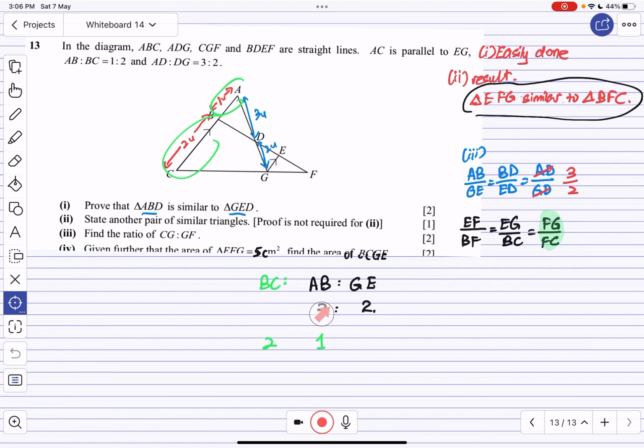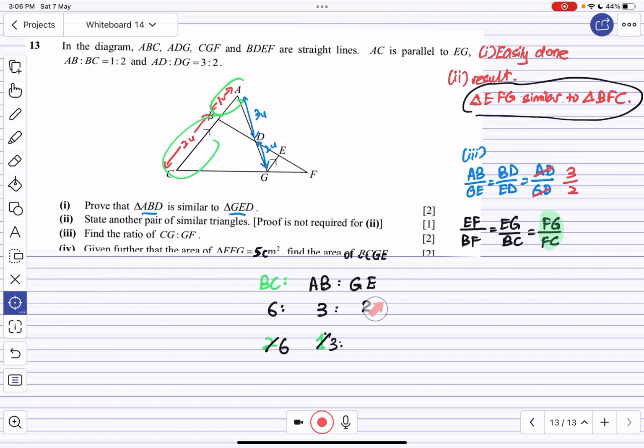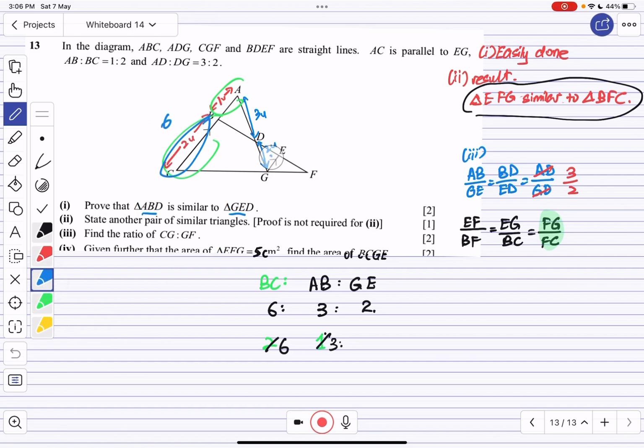Right? So because I want these two to be the same so that I can get a good comparison between BC and GE, I will multiply this by 3. This is the same as 3:6. So it means that 1:2 is the same as 3:6, so that I can compare BC and GE. This means that if I say BC is 6 units and GE is 2, then the ratio here is 6:2.